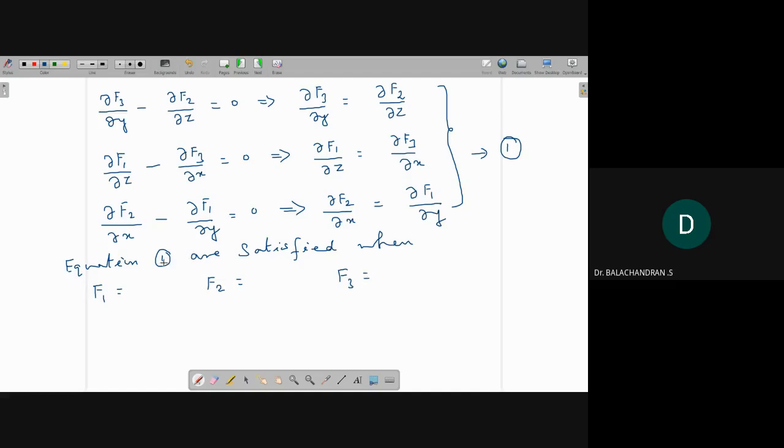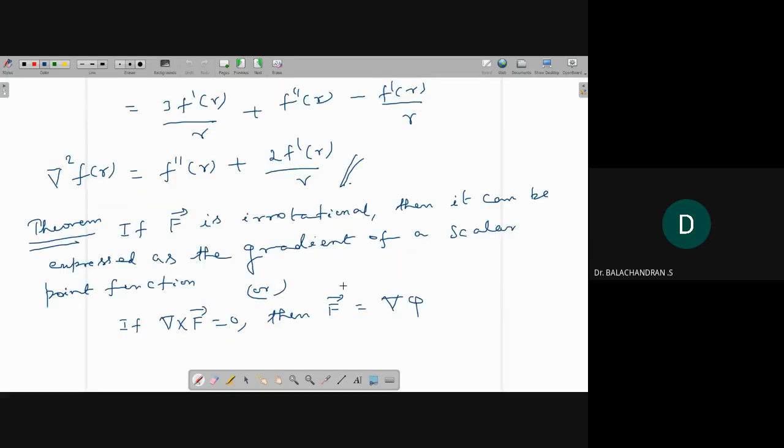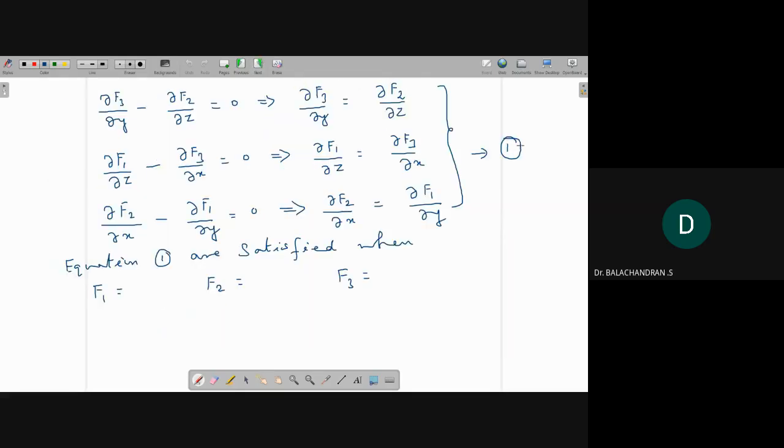Equation 1 is satisfied when f1, f2, f3 equal what? The hint is here: F vector equals del phi. Finally we prove F vector equals del phi, so that is a hint. Using this hint and equation 1, you should tell what is f1, f2, f3.